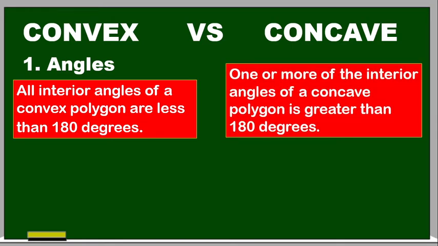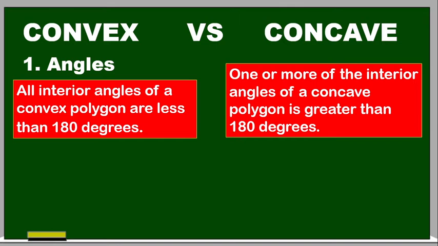And when I say concave polygon in terms of angle, one or more of the interior angles of a concave polygon is greater than 180 degrees. So they are opposite. Convex less than 180 degrees, concave greater than 180 degrees.